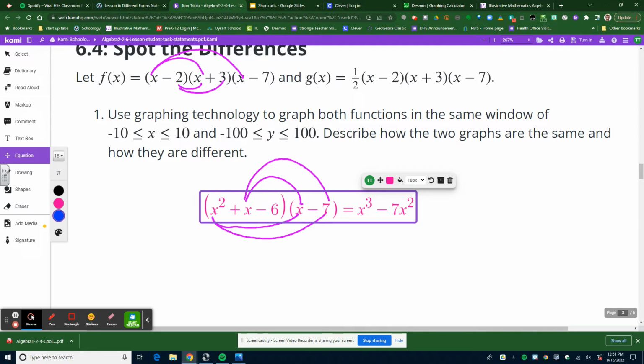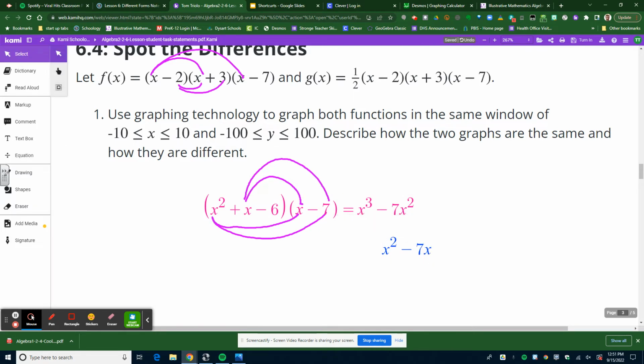So I'm going to make a new equation box down here. So x squared times x. X times x squared is x squared. And then x times 7 is minus 7x. Okay. And then I'm just going to line these up and make it a little prettier. And I got one more multiplication, a third one.